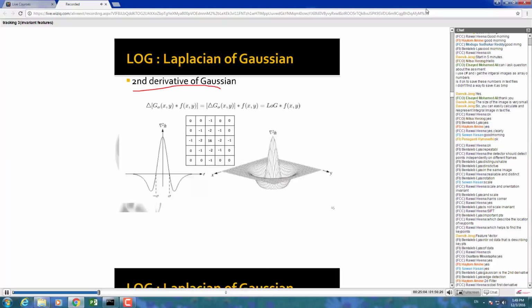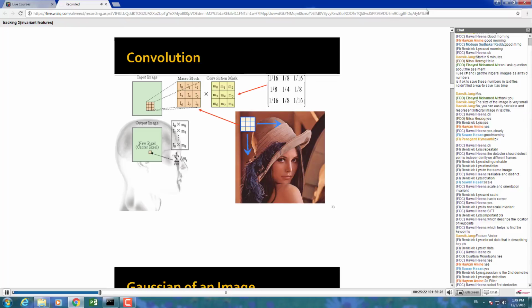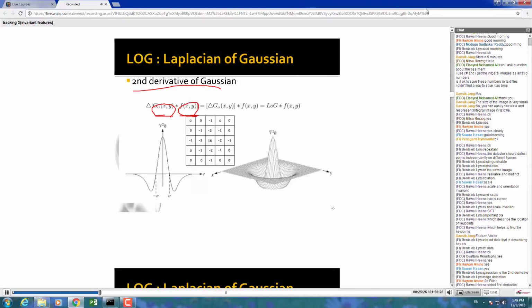In the case of Laplacian, it is a second derivative of Gaussian. So we apply Gaussian to f, where f means the image function at pixel x comma y. We apply Gaussian filtering as a kind of convolution, and then the image is smoothed.